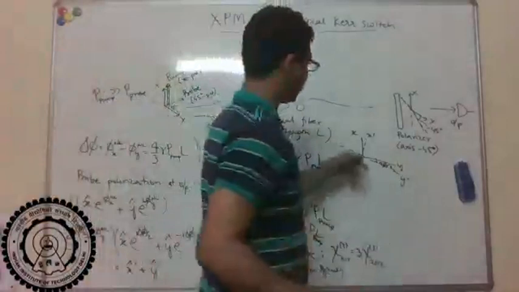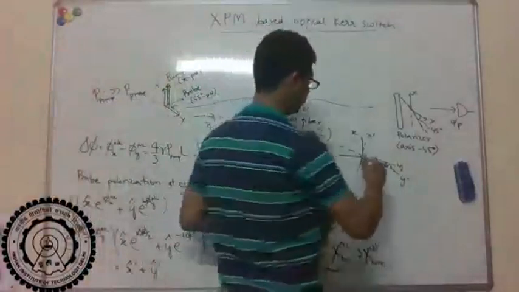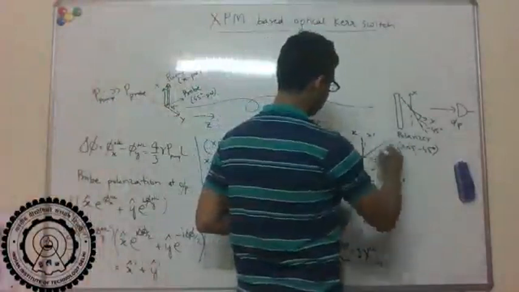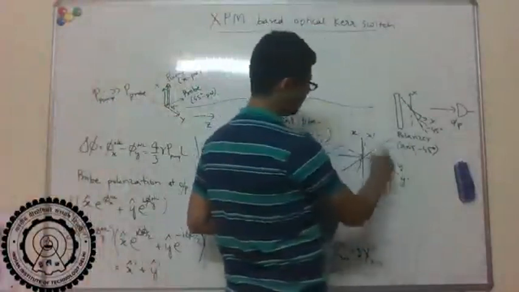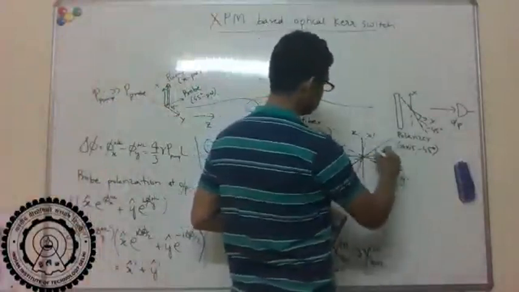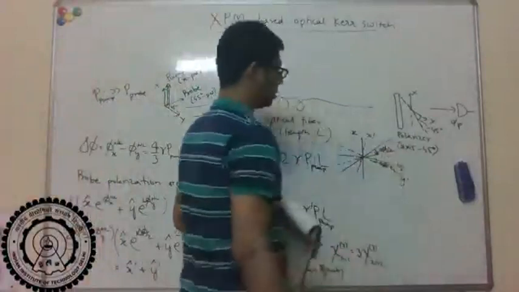So my coordinate axes have rotated, or equivalently my diagonal polarization, it was diagonal in the xy coordinates, now it's diagonal in the x prime y prime. So polarization is also rotated by delta phi by 2.